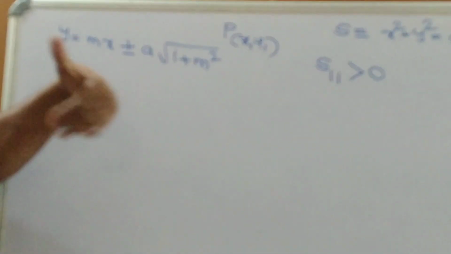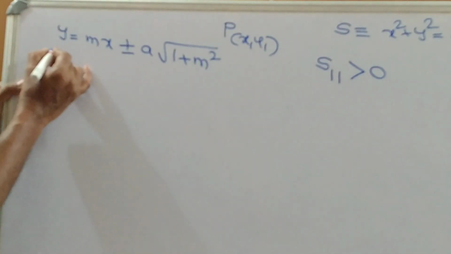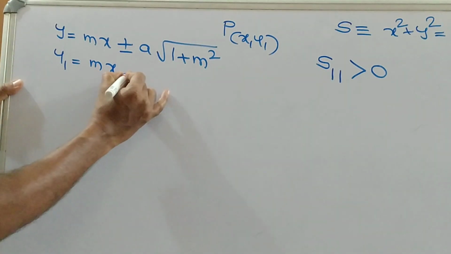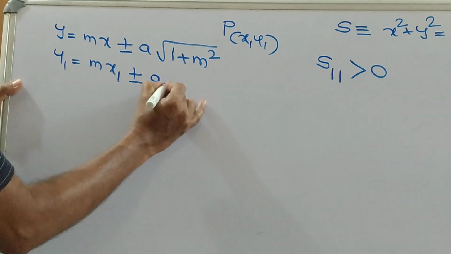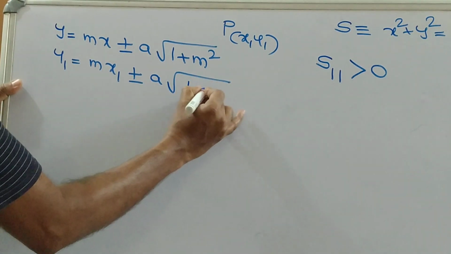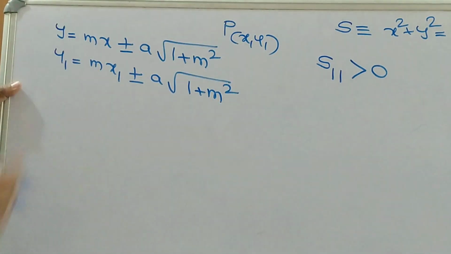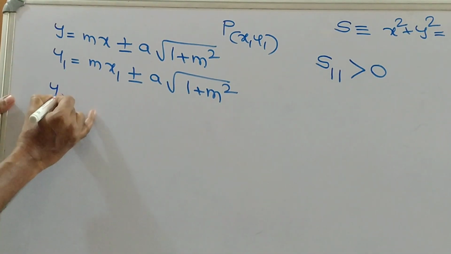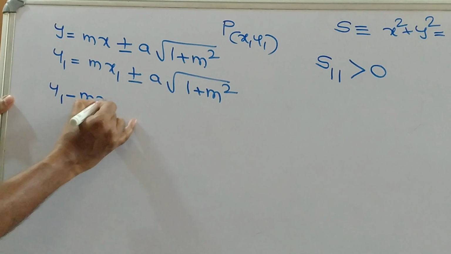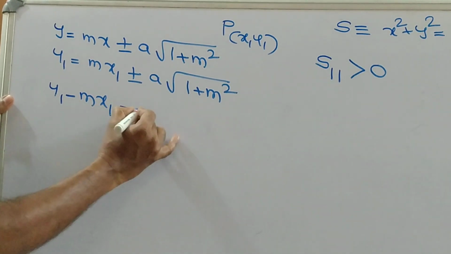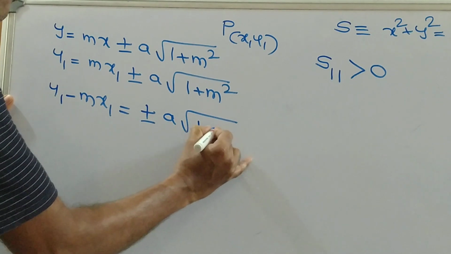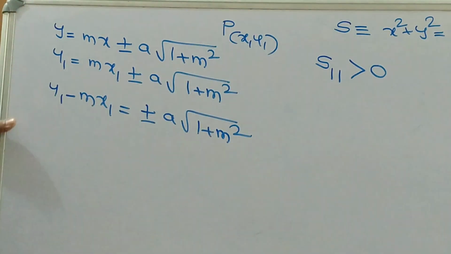So substitute. That means y1 equal to mx1 plus or minus a into root of 1 plus m square. Now transpose: y1 minus mx1 equal to plus or minus a into root of 1 plus m square.